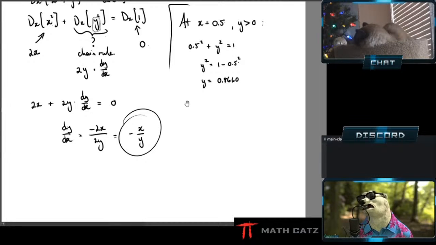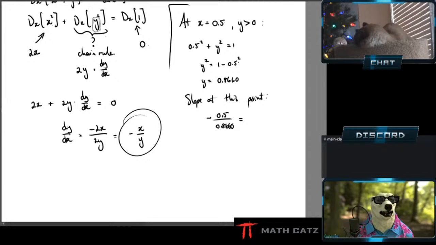And then I can calculate it. So the slope at this point is negative 0.5 for x, 0.8660 for y. Let us see what that is. Negative 0.5. Of course, remember when I do this, I always use the most accurate versions of the numbers.